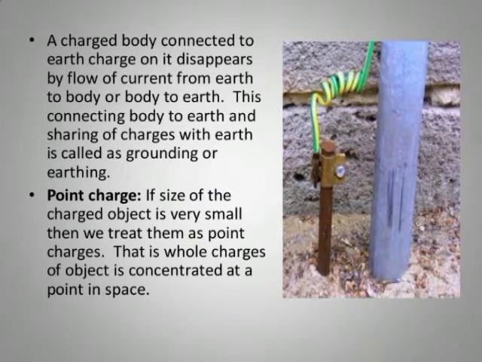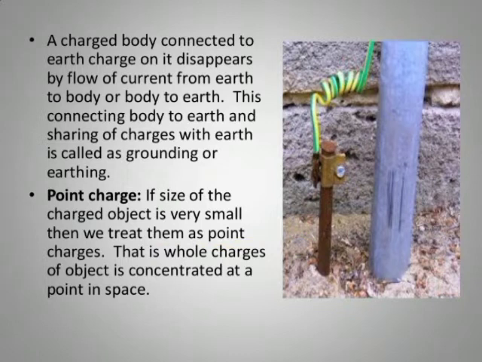And next, going to another concept. That concept is something called point charge. As I told you, a point charge means if the size of a charged object is very small, like an electron or a proton, then we treat them as a point charge.